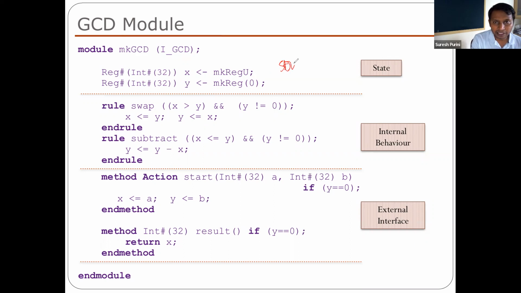So Bluespec is a strongly typed language. That is, at compile time itself, we completely know the data types. All the data types we will be knowing. Because of that, all type safety checks will be done at compile time by the compiler, which helps us catch bugs early on in the development life cycle.